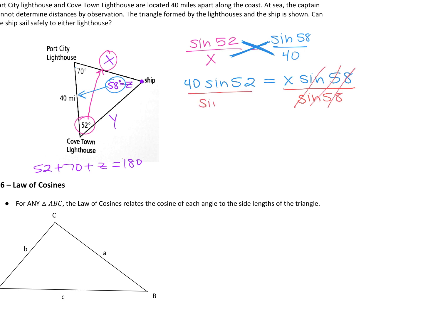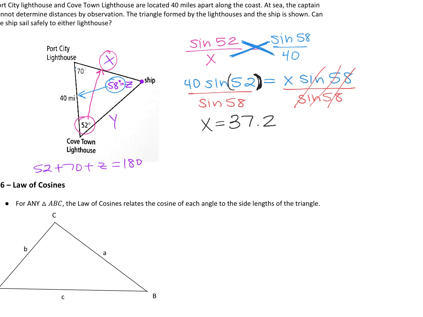What do you have to be careful of? Parentheses. Make sure this parenthesis gets put in, right? 40 sine 52, parenthesis, divided by sine 58. Plug that in right now and tell me what you get. 37.16. So 37.2, we'll say.